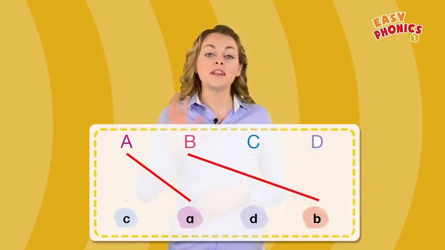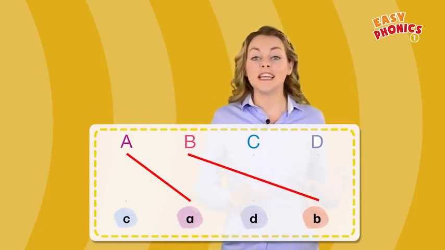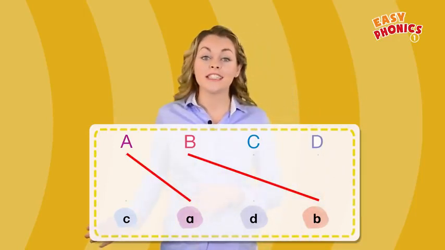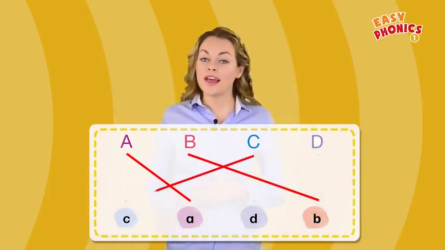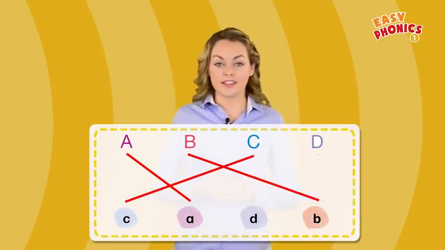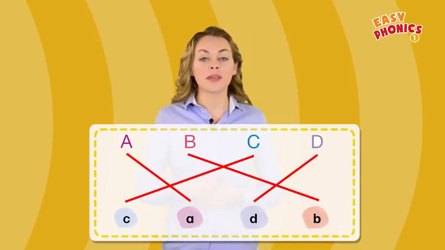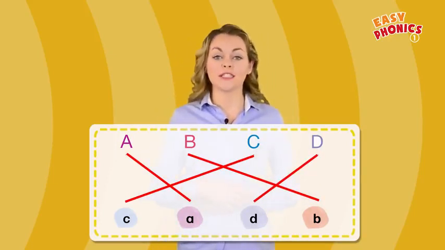Match up the capital and the small letter. Okay, and next, C, K. Draw that line. And finally, D, D. So you need to draw that line, match up capital D with small D.